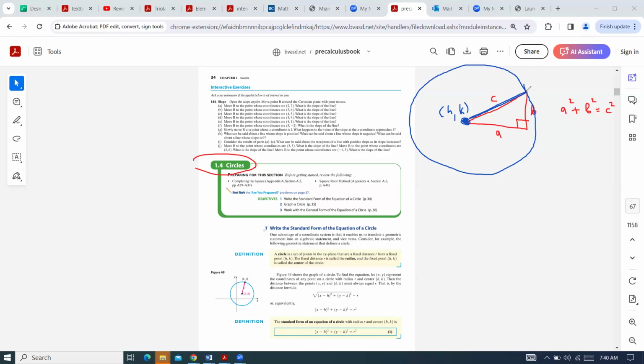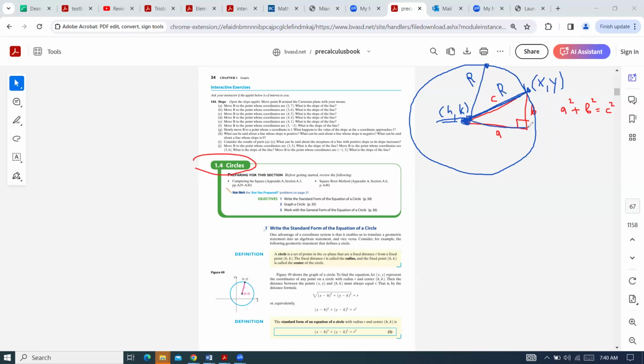If not, it's fine. Any point on this circle will be a pair X, Y. I give the special name H, K because it's the center, and this point is produced by that rotation. What's remarkable is that the distance from the center to any point on the circle is always going to be the same, and this distance is called the radius of the circle.